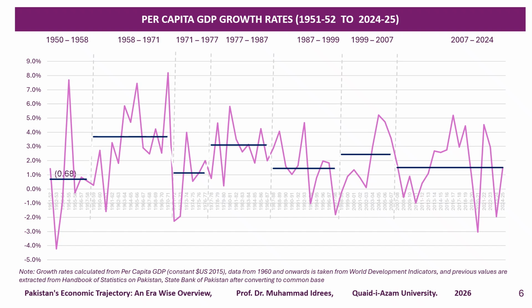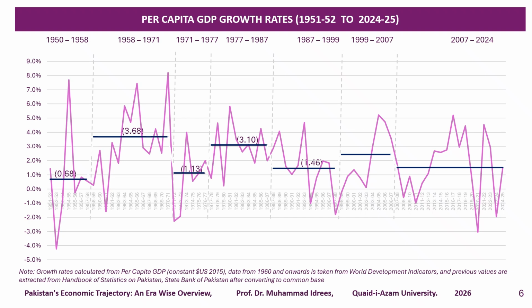During the first regime, the average per capita growth rate of GDP was 0.68. In the second regime, it jumped to 3.68. In the third regime, the average per capita GDP growth rate was 1.31. In the fourth regime, which again is a military regime, the per capita GDP growth rates on average were 3.1.